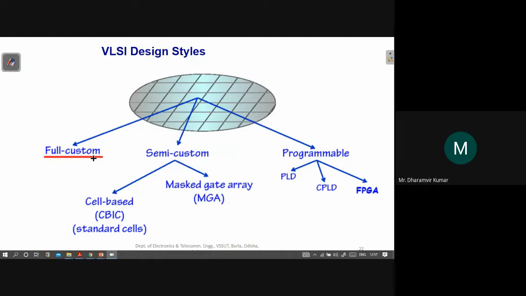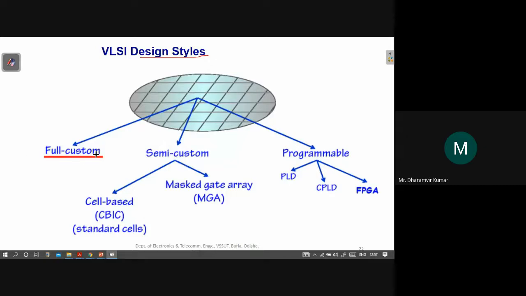Now there are different VLSI design styles which are actually used for designing chips. A chip or a particular circuit can be designed by using different design styles, so there are different types of methodologies.